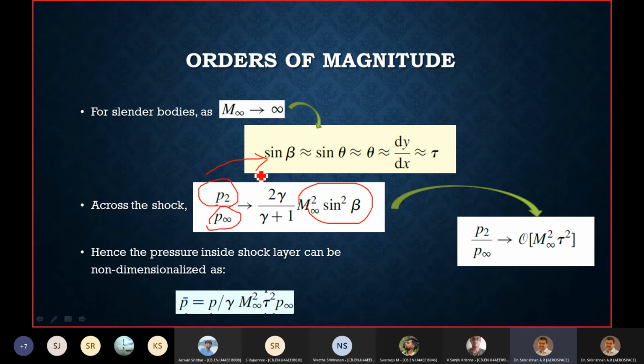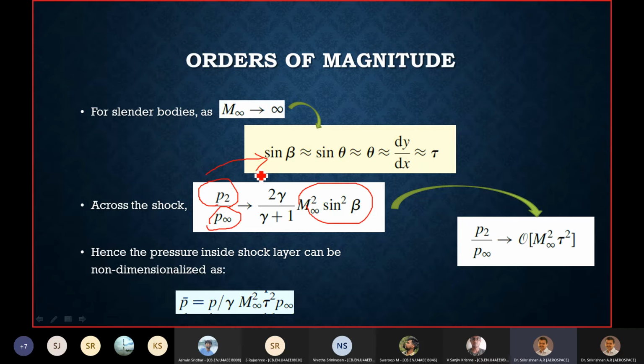That is, in hypersonic flow, the difference between theta and beta is very small. So sine beta approaches sine theta for small values of beta and high M infinity. Since the value is small in radians, it can be equal to theta. Theta is approximately dy by dx, which is basically tau. Tau is d by L, the bluntness ratio or the inverse of the slenderness ratio.